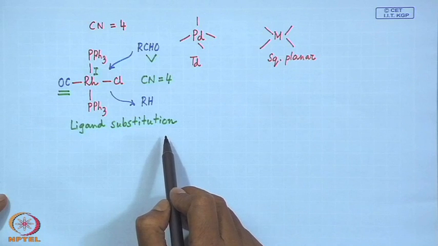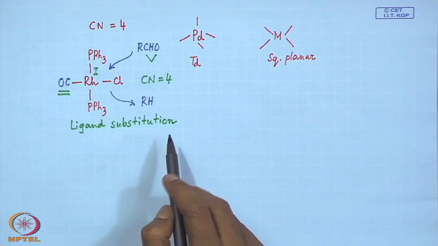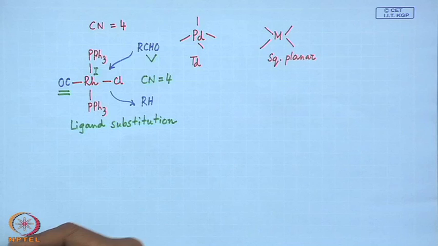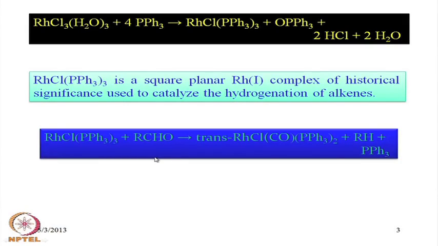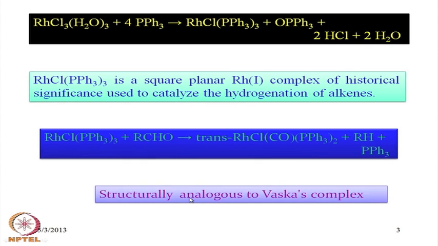The only reaction taking place is the ligand substitution reaction. So, it is a very nice example of a transition metal carbonyl complex; we have seen the carbonyl case of nickel tetracarbonyl. Similarly, we can very easily make the carbon monoxide compound of rhodium in presence of triphenyl phosphine. In terms of structure, this is a 4 coordinated compound in trans geometry.